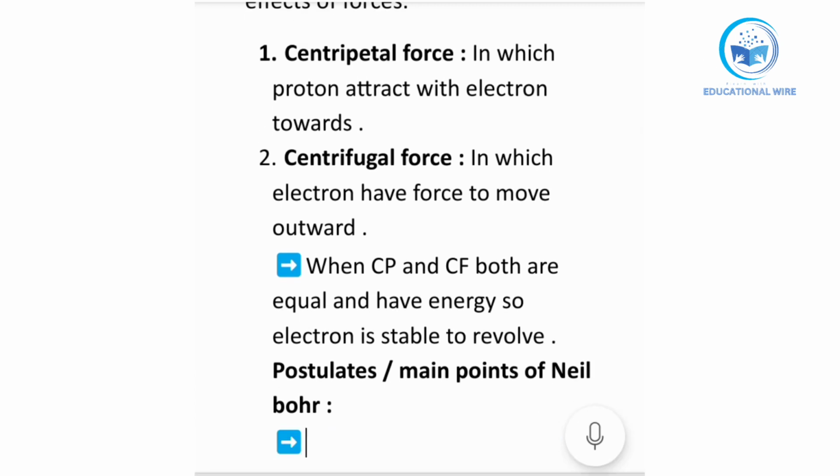First point, the hydrogen atom is discussed by him. In the previous lecture we did the hydrogen atom, how the hydrogen atom makes the electron, how the electron is developed. So the hydrogen atom is being discussed by him.